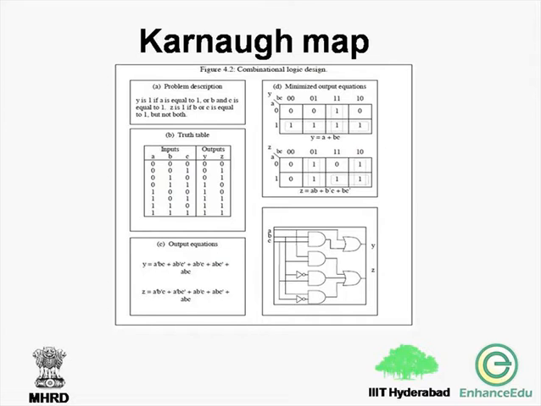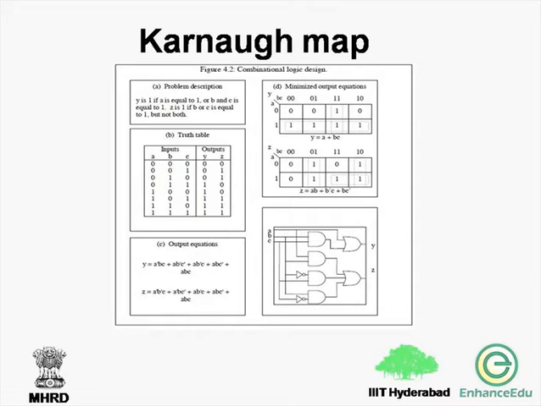For 3 inputs there can be no more than 8 rows, that is, 2 raised to 3, which is equal to 8. So all possible combinations of the inputs A, B and C can be 0, 0, 0, then 0, 0, 1 and so on till 1, 1, 1. The outputs for the respective inputs are written on the right-hand side.